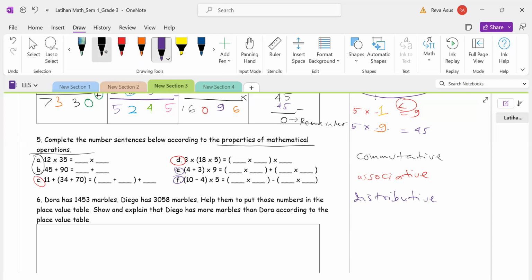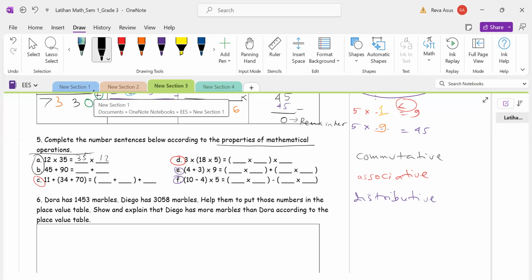So for 5A, 12 times 35 is the same as 35 times 12, because both will give the same answer. And 11 plus, sorry, 11 plus bracket 34 plus 70 bracket.